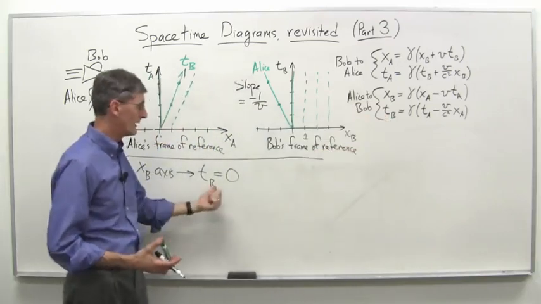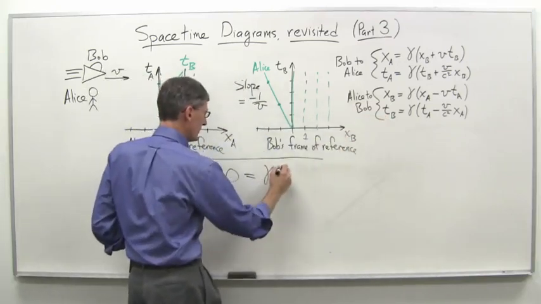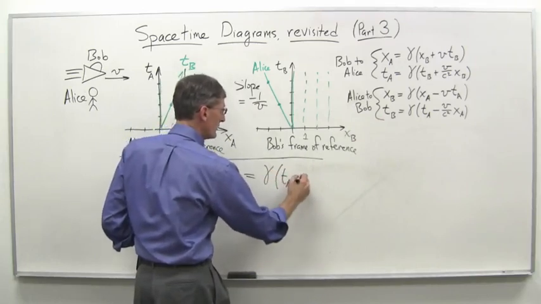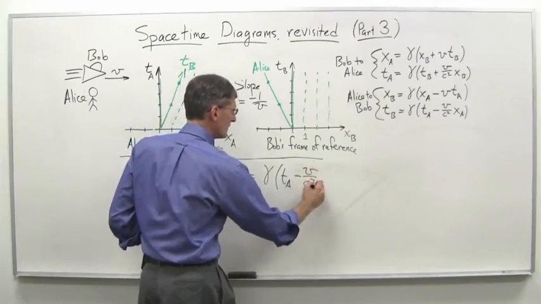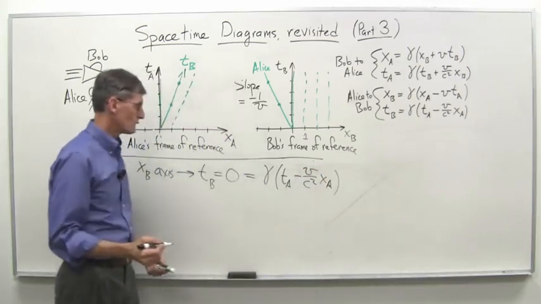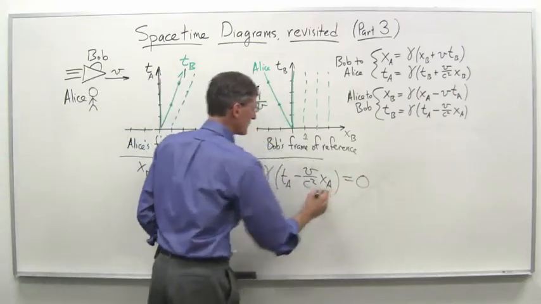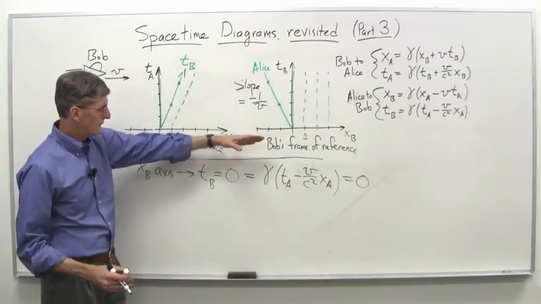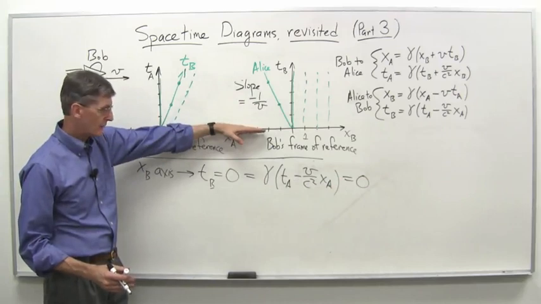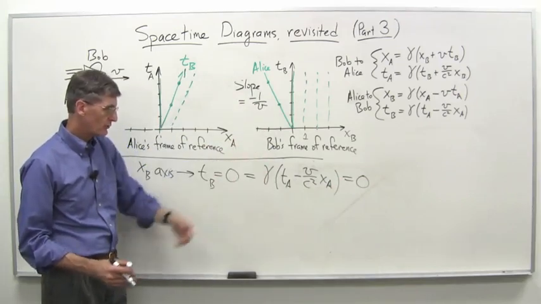It's going to equal 0, so we can say this equals gamma times (ta minus v over c squared xa). Again, we'll say that equals 0 because for this special case, the xb axis, we can solve this equation for xa in terms of ta.